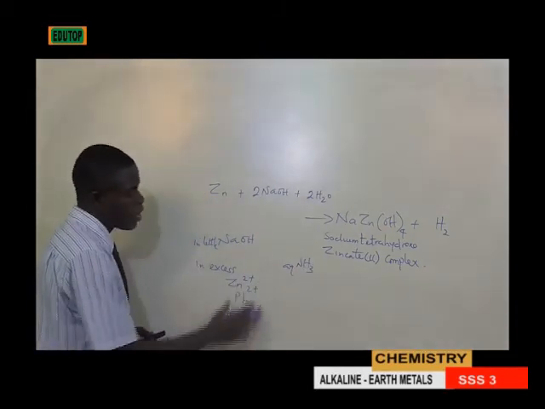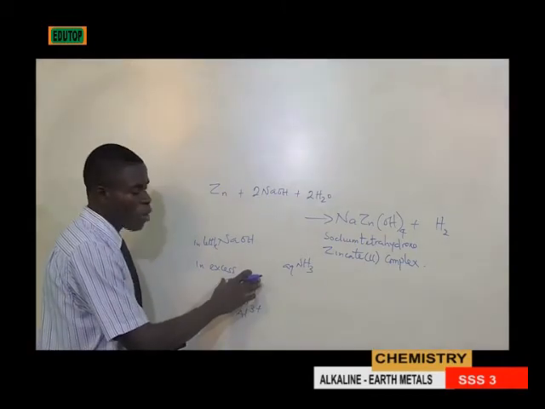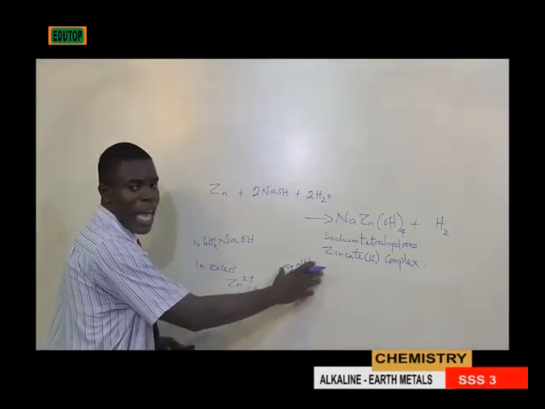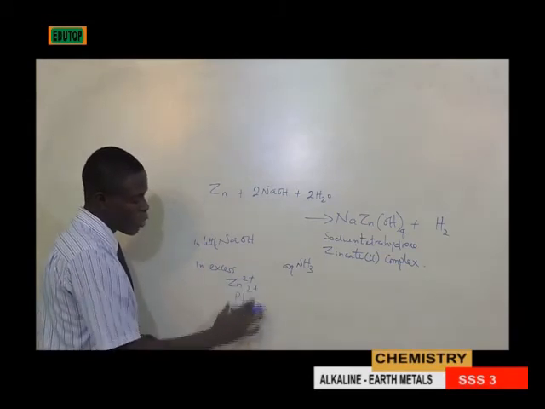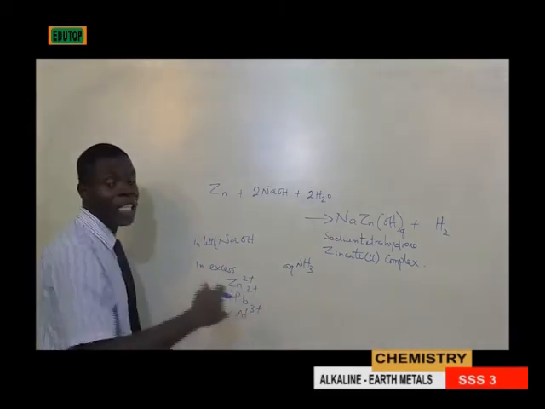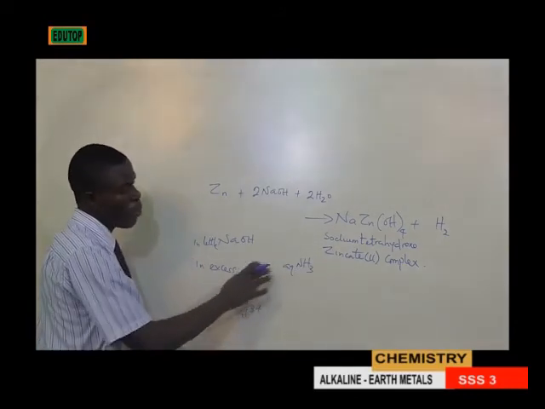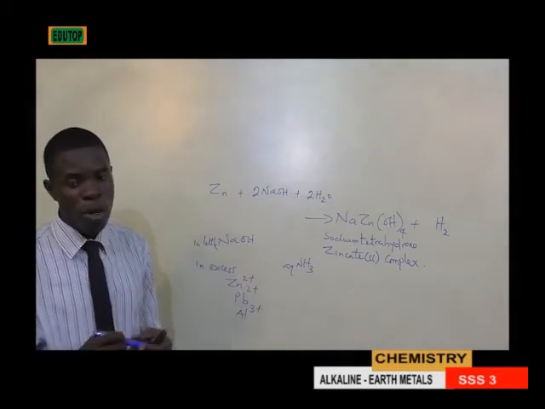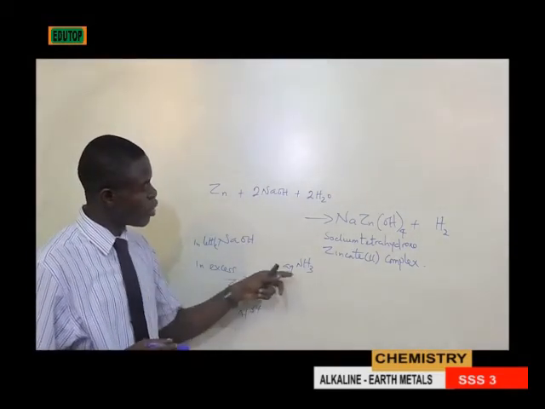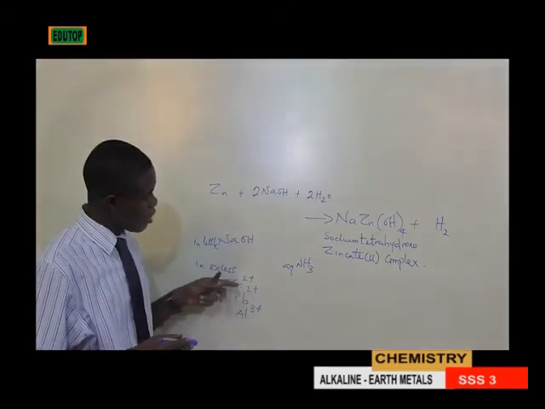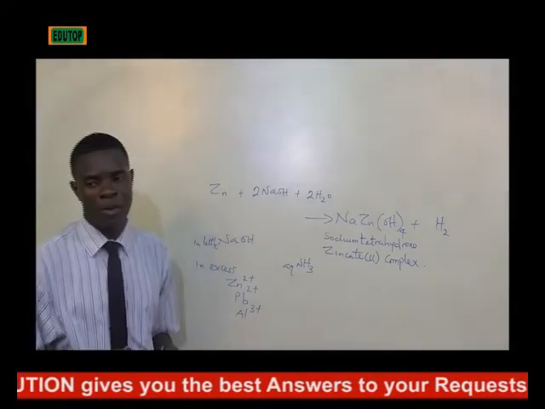Out of all these ions, it is only the zinc 2 plus ion that is soluble in excess aqueous ammonia. Lead 2 plus and aluminum 3 plus are insoluble in aqueous ammonia. So that is the distinguishing test that differentiates zinc 2 plus from all other ions.